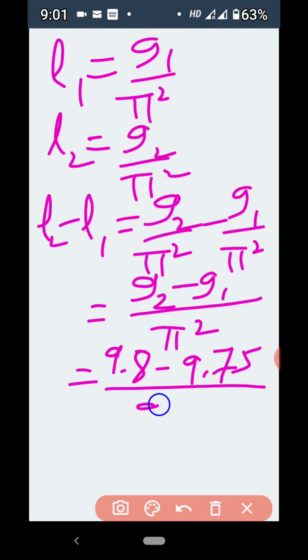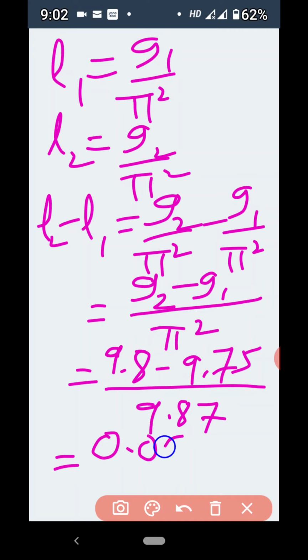Pi square is 9.87. You can see the value of pi square in your log table. So if you subtract, we get 0.05 divided by 9.87.